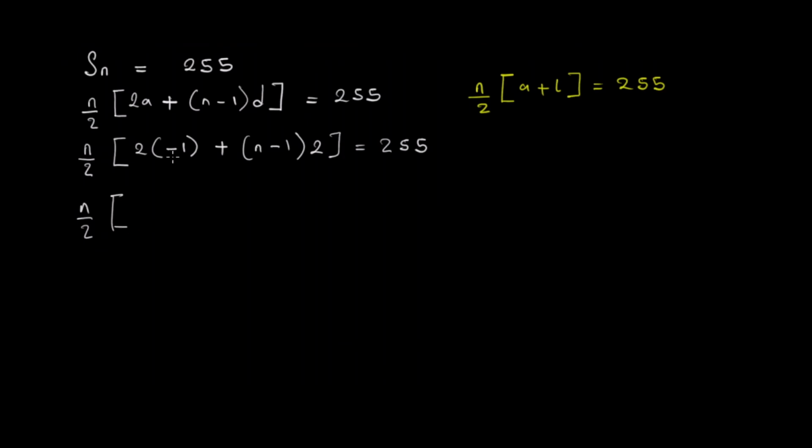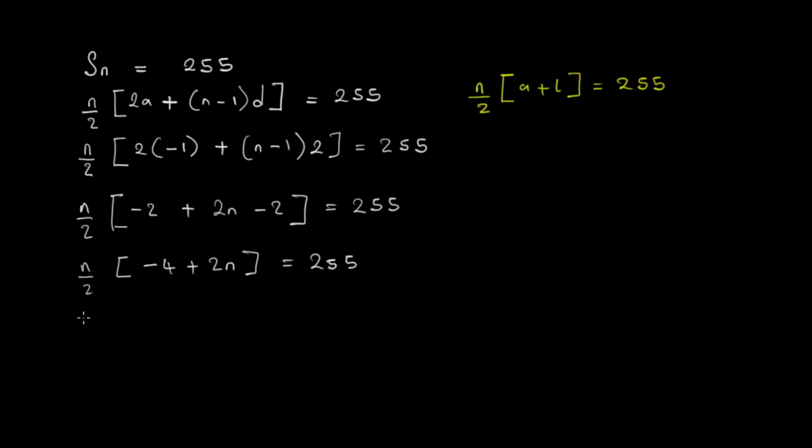Then it's 2 times minus 1, which is minus 2. Toti plus 2 times n, that's 2n. 2 times minus 1, that's minus 2 again, is equal to 255. So n over 2 multiplying minus 2 ndi minus 4 plus 2n is equal to 255.